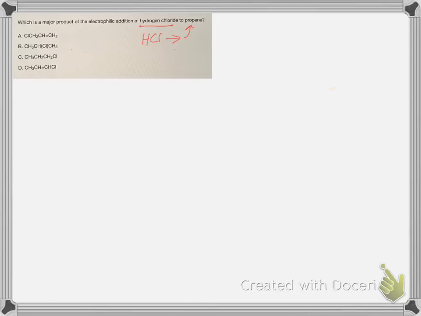Now the first thing we have to do is actually draw out propene to have a macroscopic view of this question and to deal with the additions and drawings of the molecules. Okay. Now the first thing we realize is that it has 6 hydrogens.